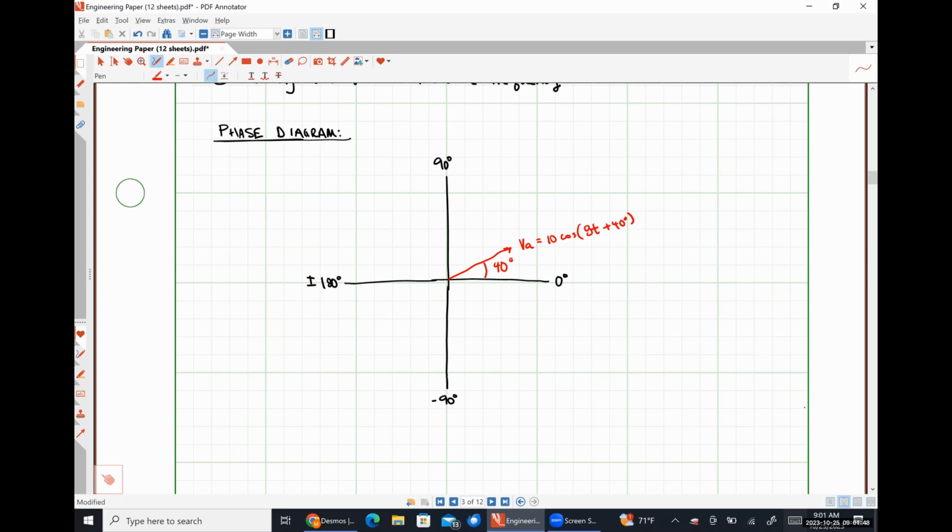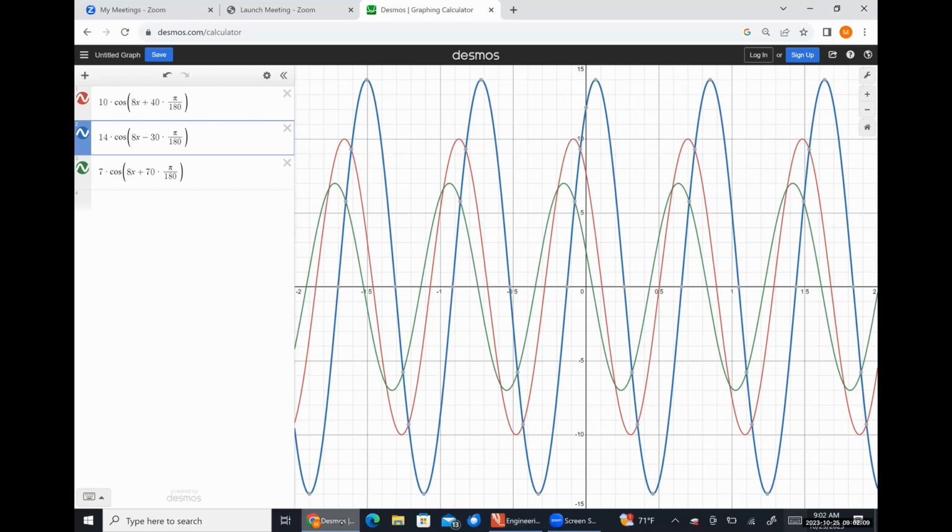Yeah. So here's VA on our phase diagram. Again, we just took a snapshot of this at exactly t equal to 0. So we have a length of 10 units with a phase angle of 40 degrees. VB was 14 with a phase angle of minus 30 degrees.